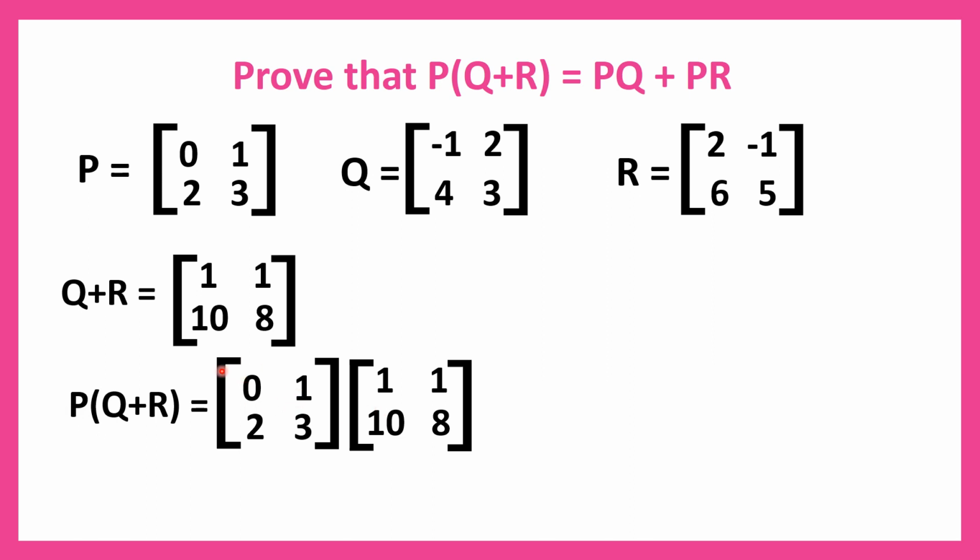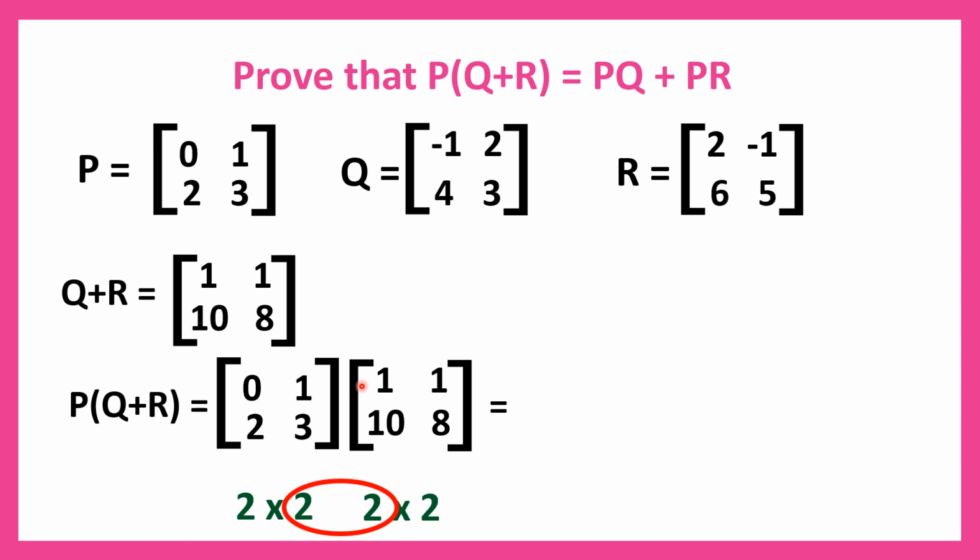We have to multiply this matrix with this matrix. First of all, we have to see whether we can do this multiplication. The P matrix is a 2 by 2 matrix and Q plus R matrix is also a 2 by 2 matrix. So the number of columns of the first matrix is equal to the number of rows of the second matrix. Thus, this multiplication is possible.